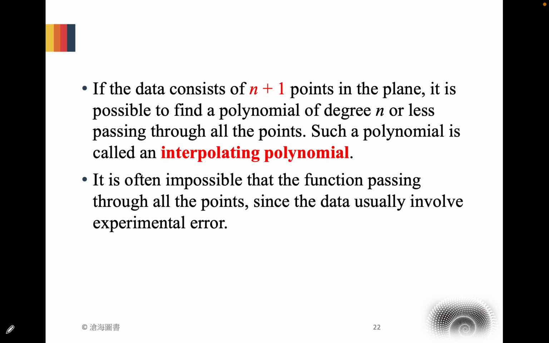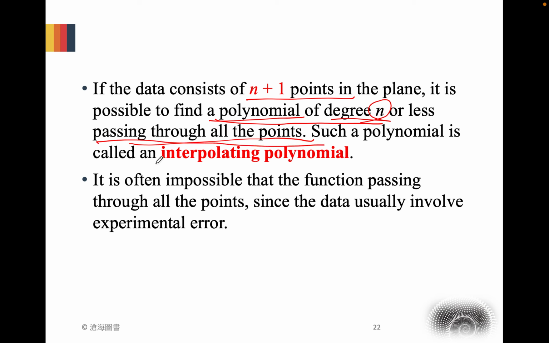Okay, so now if the data consists of n plus 1 points in the plane, it's possible to find a polynomial of degree n or less passing through all the points. Okay, so theoretically, if you have n plus 1 data points, we can find a polynomial of degree n that passes through all the points.